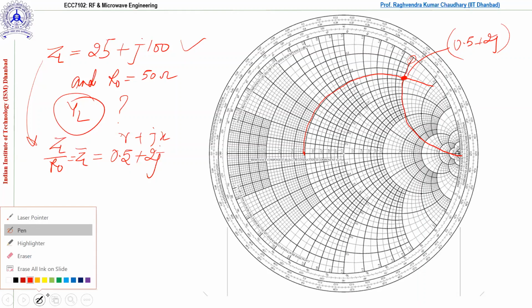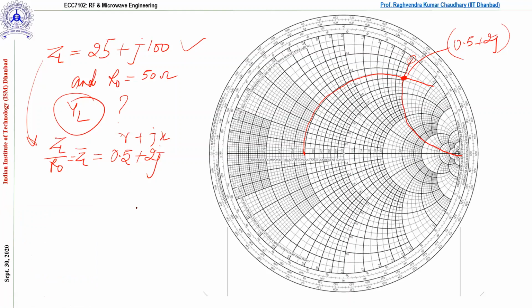Fine. Now what we need to do here is find the y bar, YL bar, or YL. As I told you, we need to move lambda by 4 towards the generator, because we are at the load.